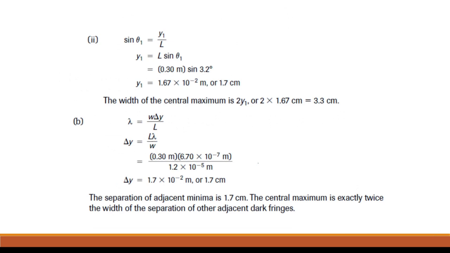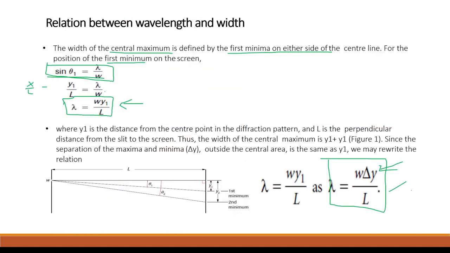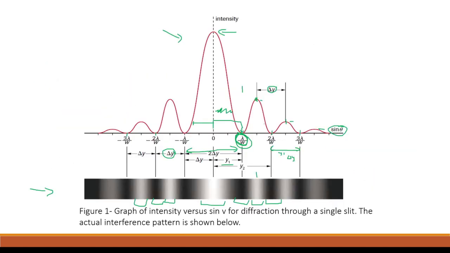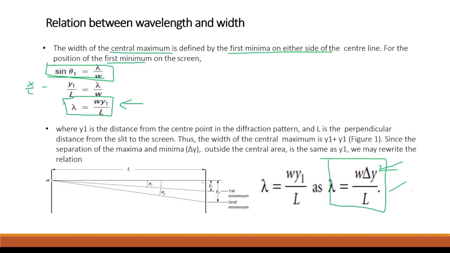Now to find that in centimeters, that's y. That's this value y1 here. And again, this is only half of it, so if we want to find this distance in centimeters, we need to find y1 and multiply by 2. So we get this other half, and we get the full size of the central maximum.